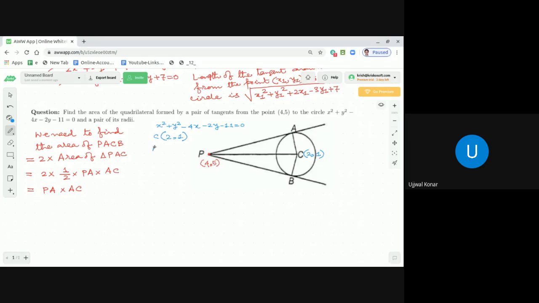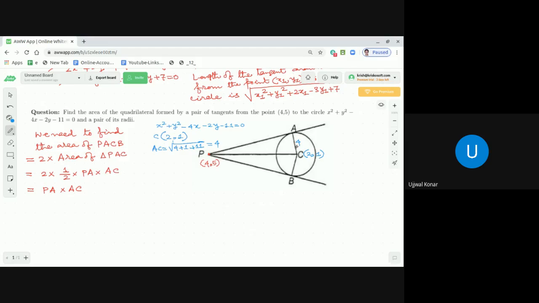If AC is the radius, it is equal to square root of g square plus f square minus c. G square is 4, f square is 1, c is minus 11, so minus c becomes plus 11. So 4 plus 1 is 5, 5 plus 11 is 16, square root of 16 is equal to 4. So AC is equal to 4 units.